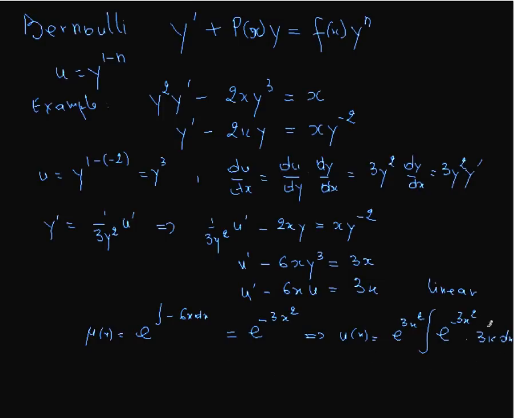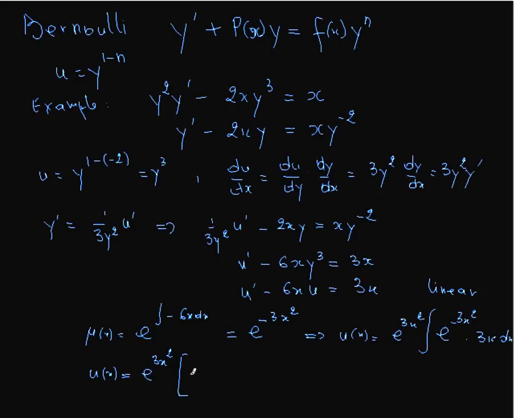To integrate this, you just need to do a substitution, because if you say u is minus 3x squared, du will be minus 6x. Here I have 3x, so I need another factor of minus 2.